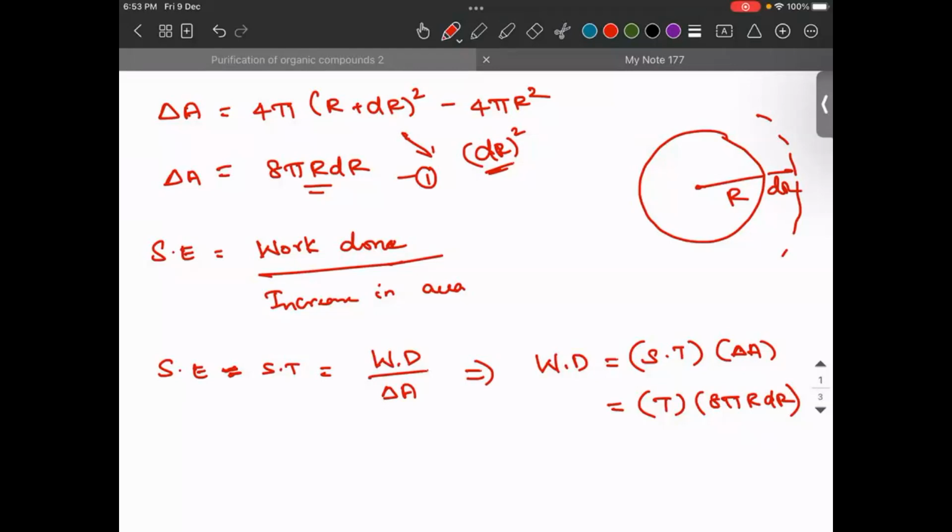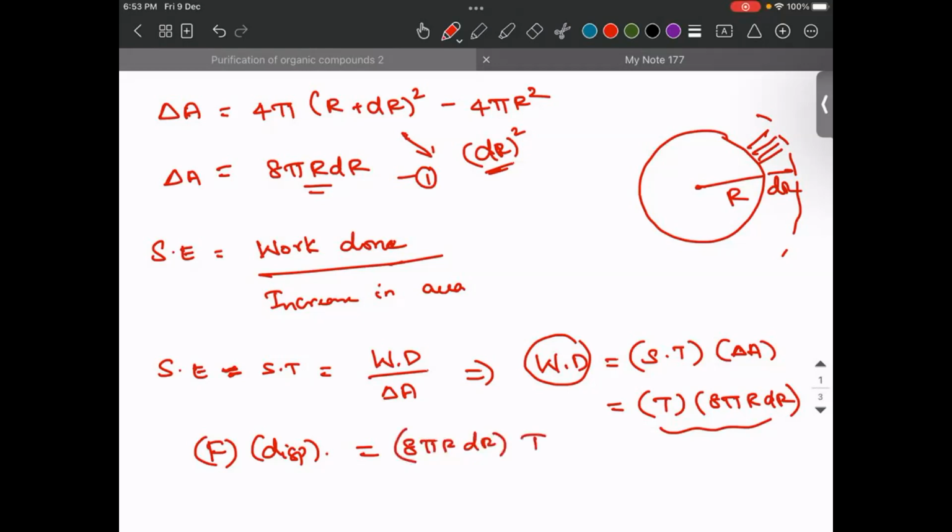Okay. Now tell me one thing. What is the work done by the force to create a displacement of dr? So work done by the force is force into displacement, equal to 8 pi r dr into capital T. Okay, that is fine. So how do you write the force in terms of pressure?